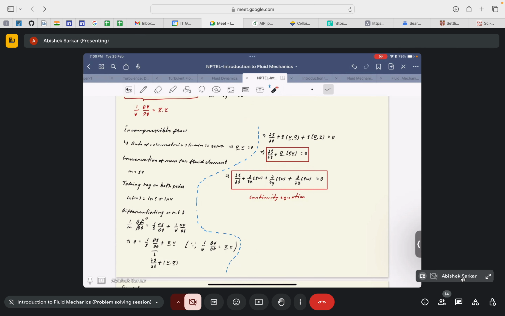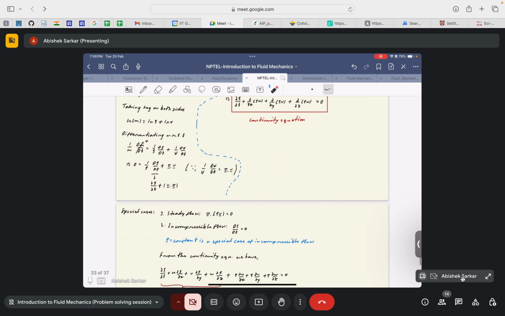This is d rho by dt. So if somehow d rho by dt plus this term is equal to 0, even if rho is changing with space and time, as long as this sum is equal to 0, this condition is satisfied. So the flow will be considered incompressible.